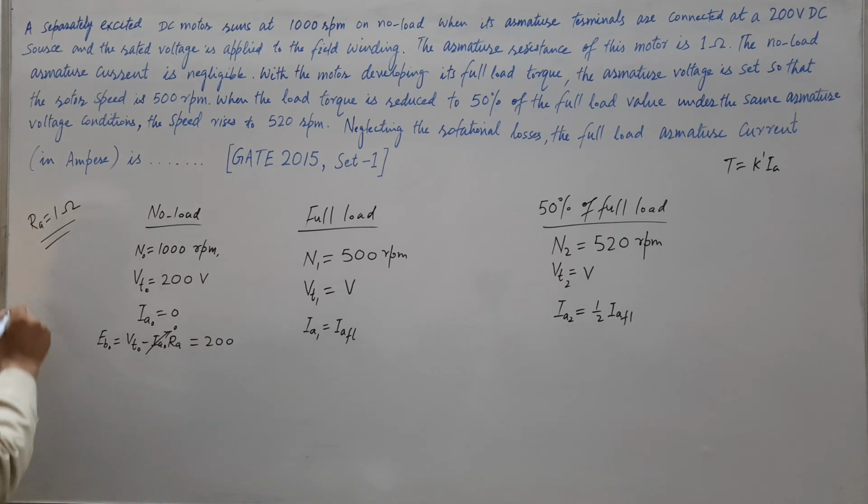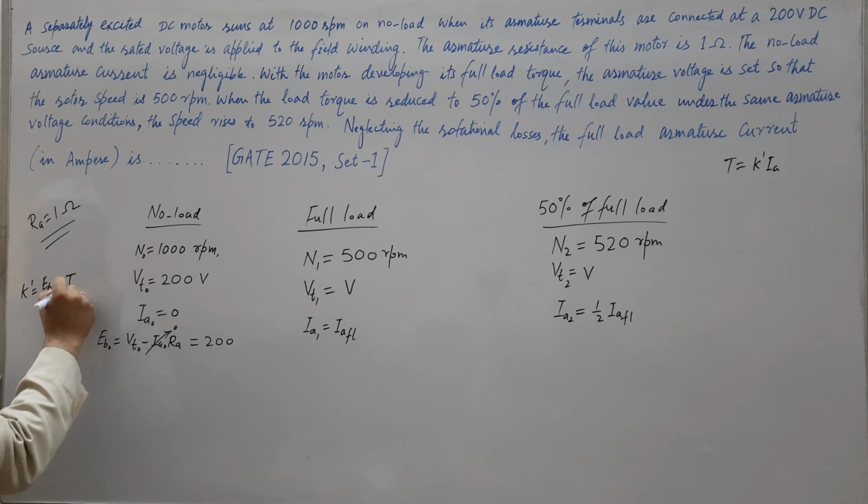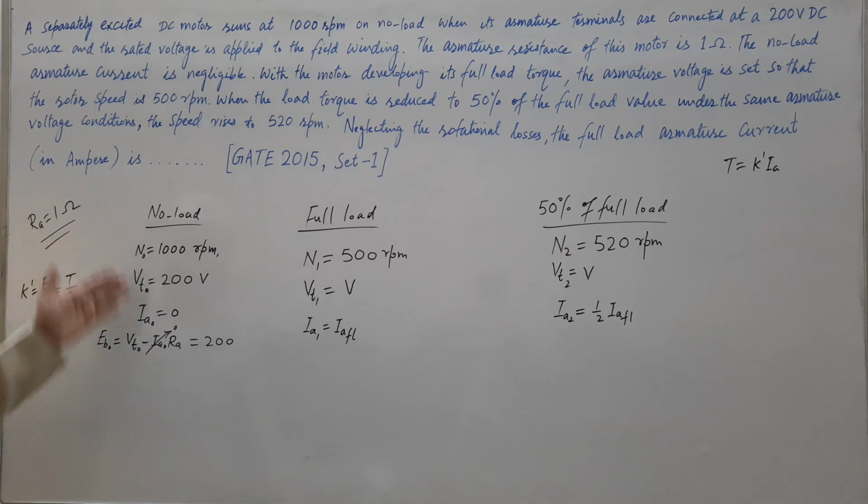So how to get K dash? Either K dash can be obtained with the help of EB upon omega at any loading condition, or torque upon IA at any loading condition. So let us take this. Here EB0 is obtained. So at the same moment, if by anyhow we get omega, then the ratio will give you this. Why not omega?